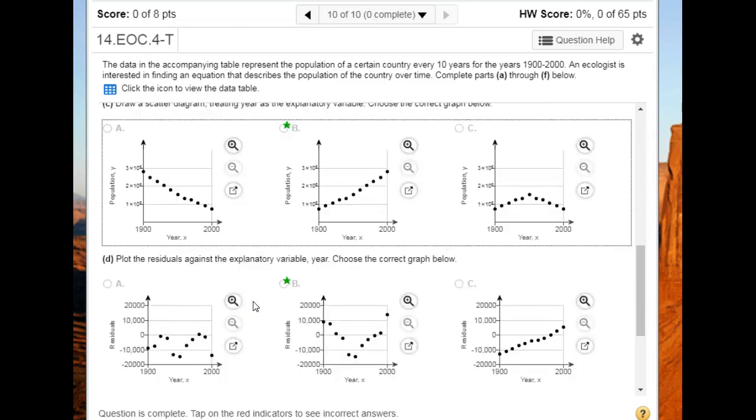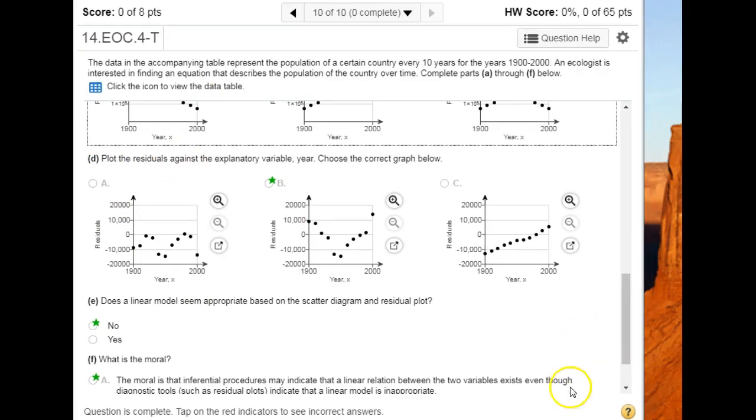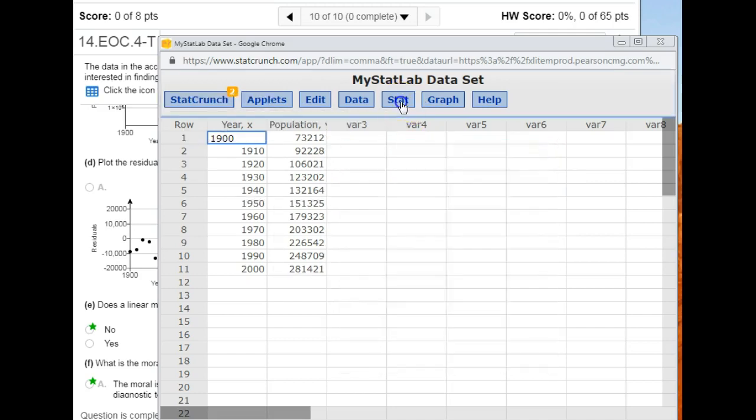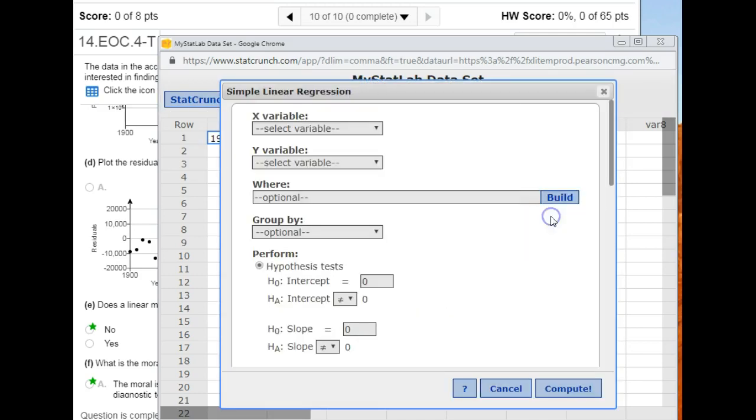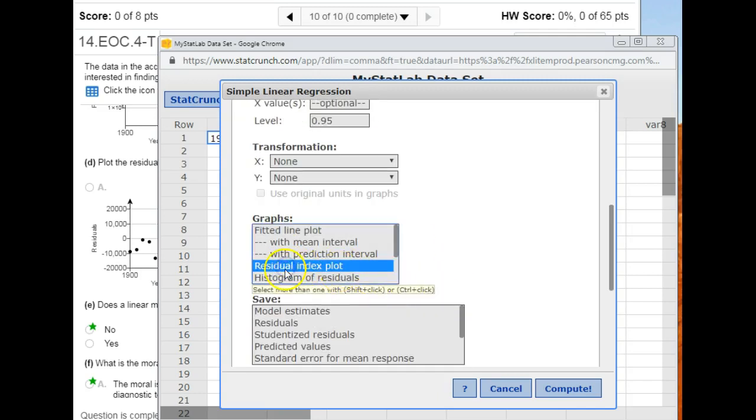But we need to actually dig deeper and make sure that a linear model is actually appropriate. The way we can do that is by looking at the residuals, and StatCrunch will calculate those for us. So going back into regression, simple linear, we need to scroll down to where it says a residual index plot.